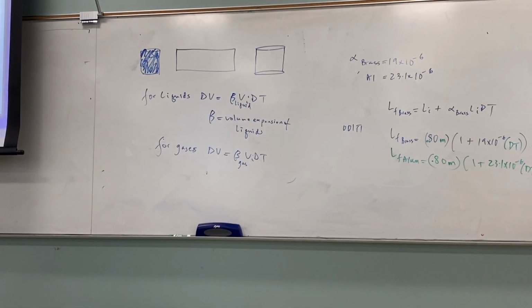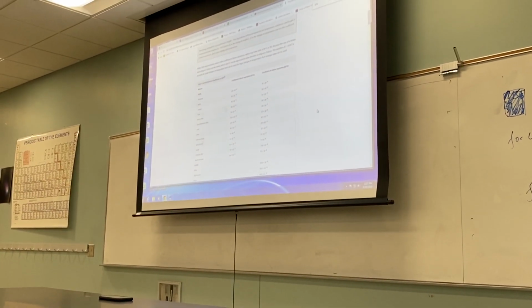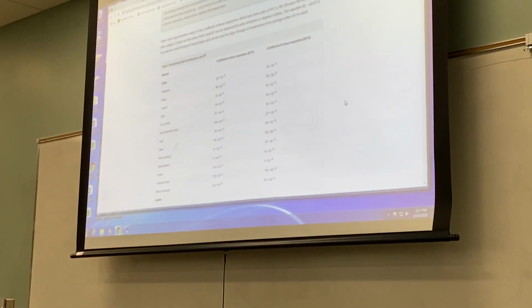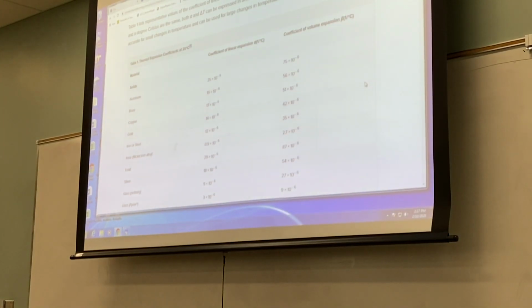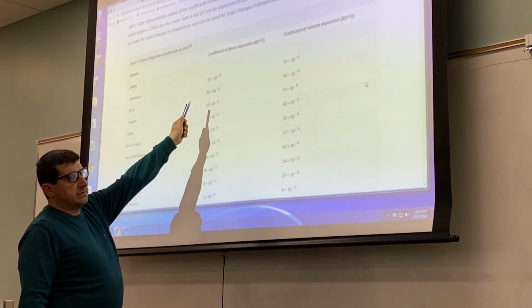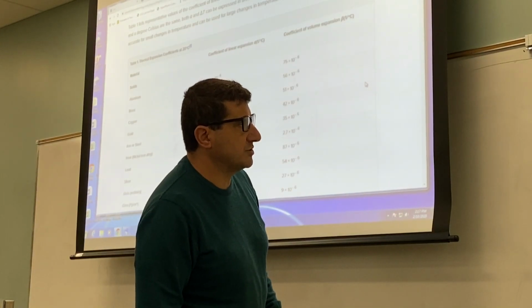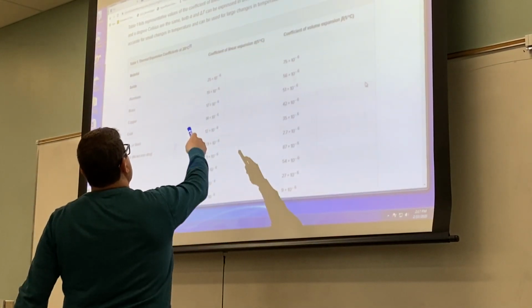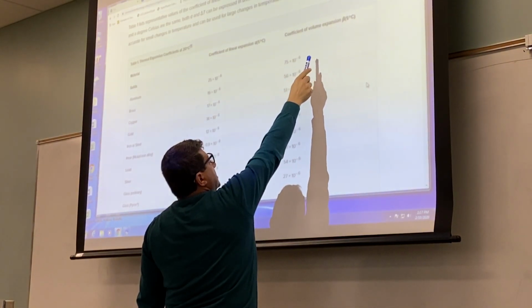Okay, so now you can see in this table, solids, aluminum, 25, right? That's much different than the 23.1 we used. I think that one was more accurate. They say 25, but then for the aluminum solid, they're calling it also beta.